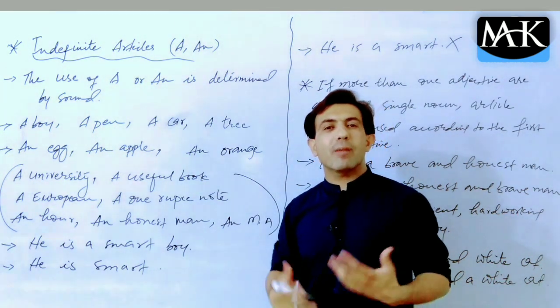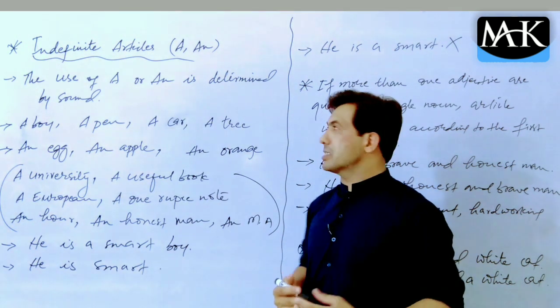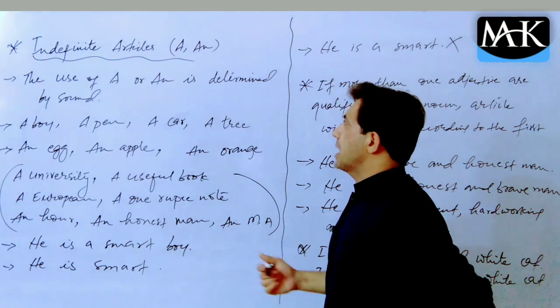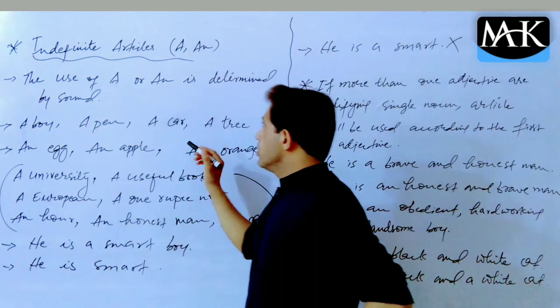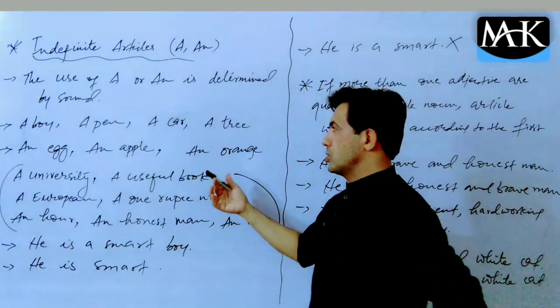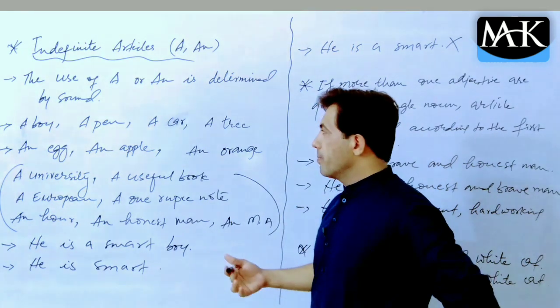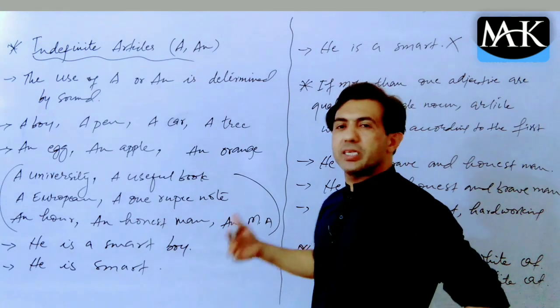I think that was a rubbish method to learn indefinite articles. The right and the best way to understand a and an is that they are used on the basis of sounds. How the noun sounds, right? The starting pronunciation of the noun matters a lot.